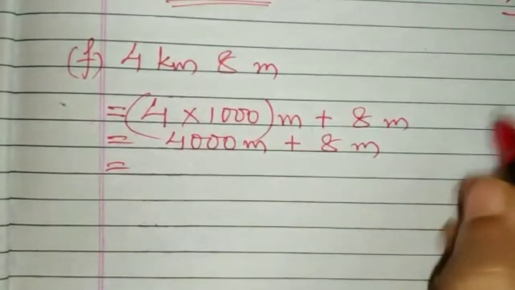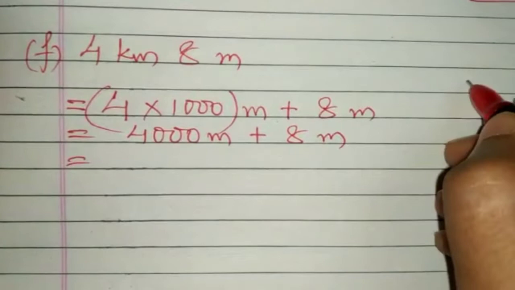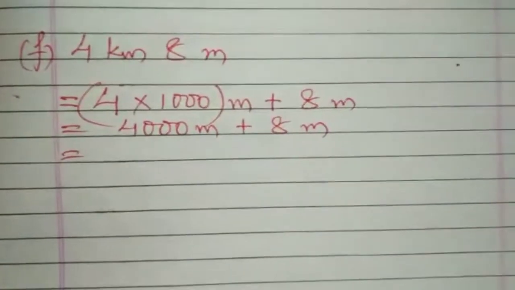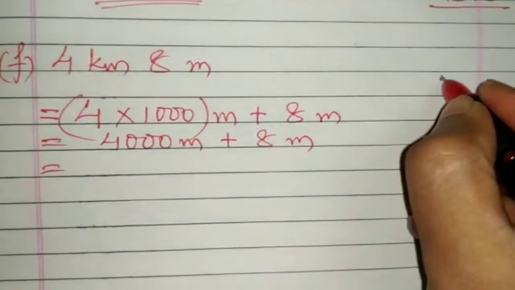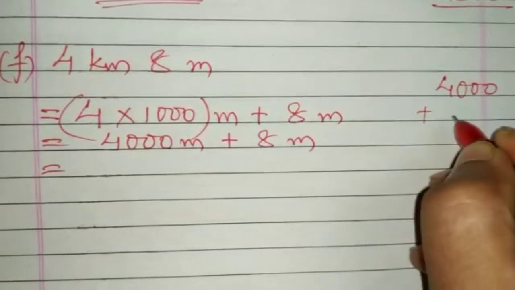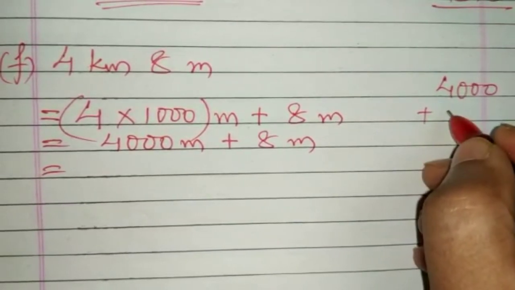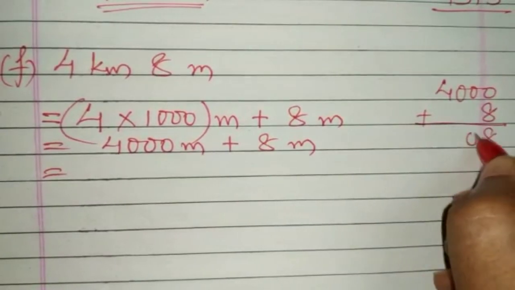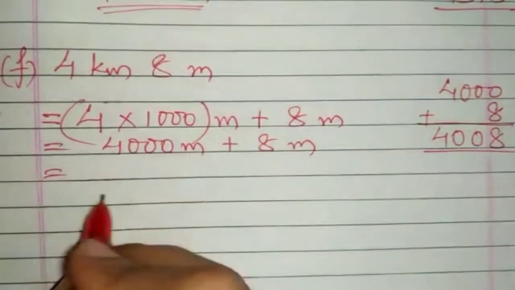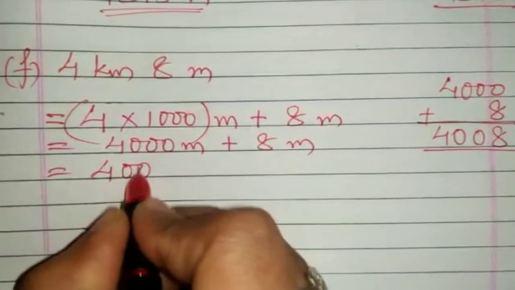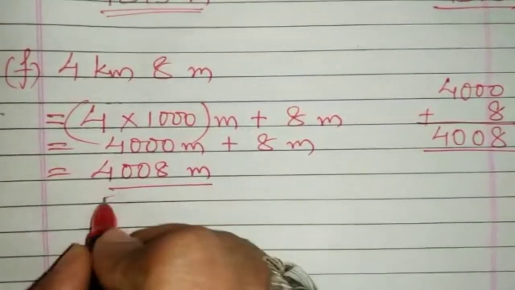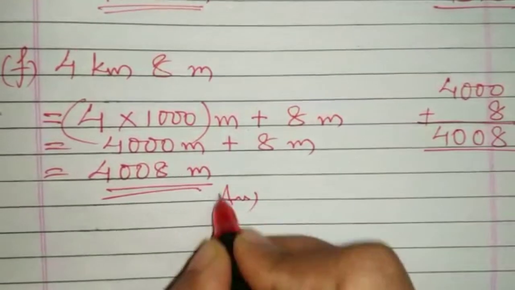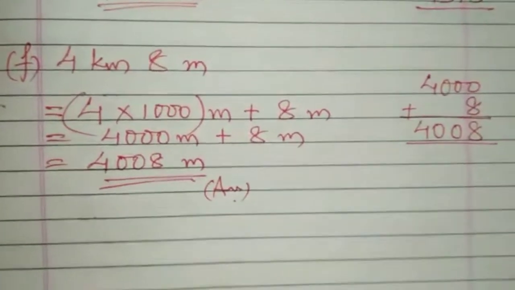This is equal to how much? So before writing the answer, always go for the rough. 4000 plus. Now most children do 8 addition here. That's a great mistake. So add it like this and then only write your final answer. This is meter. So this is your answer. I hope you understood, children.